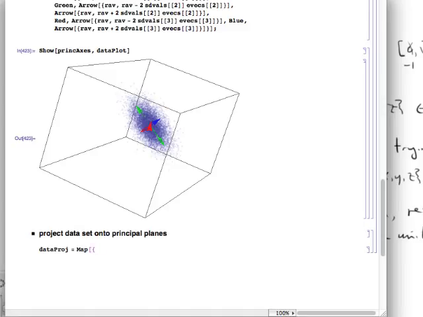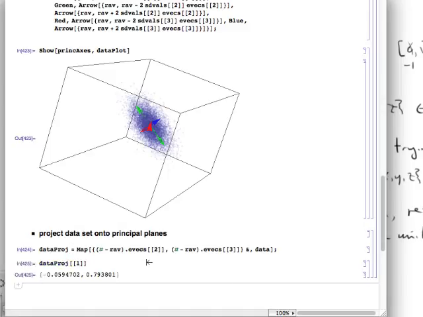So essentially what I want is to map the point minus the average value dotted into one of the eigenvectors. Let's take the second one, and then the same point minus the center dotted into the other eigenvector. I'll take the third one, and then this constructs a pair, and that is now a function which I'm going to map onto every element of the data. And what that should produce is a list of pairs. So there's the first such pair.